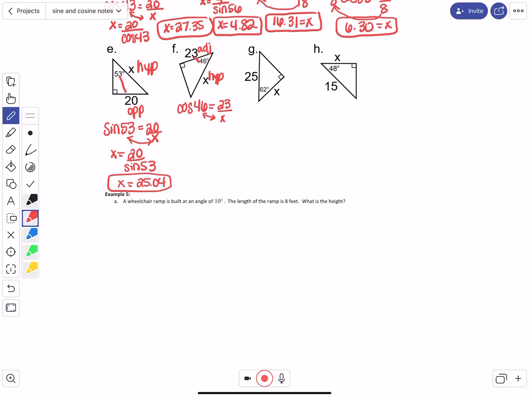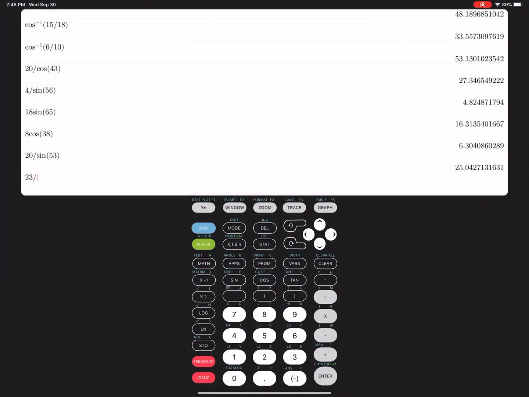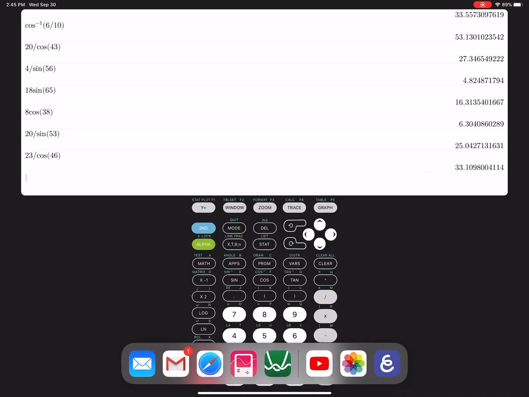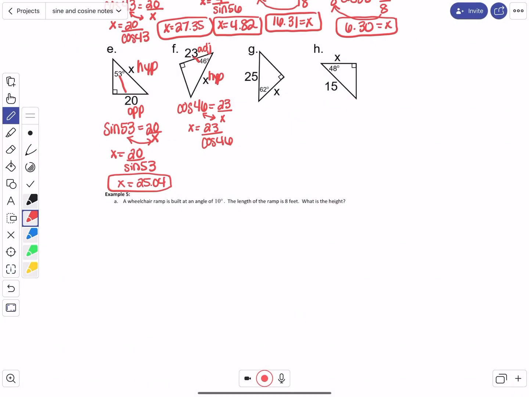So we get x equals 23 over cosine of 46. So 23 divided by cosine of 46, and we'll get 33.11. So x equals 33.11.